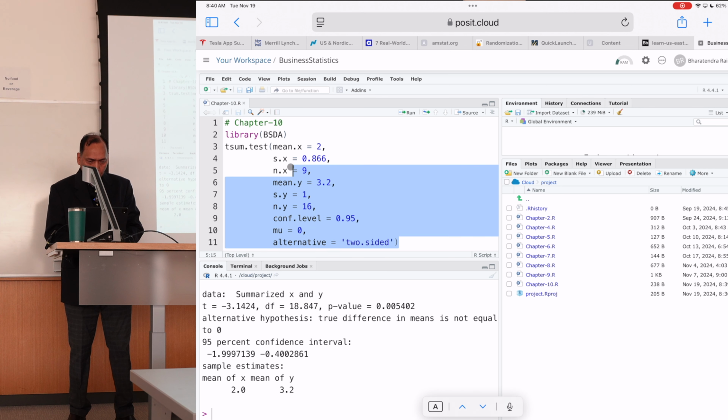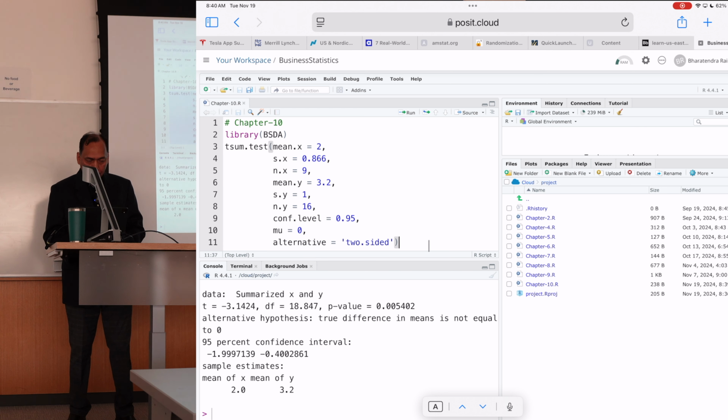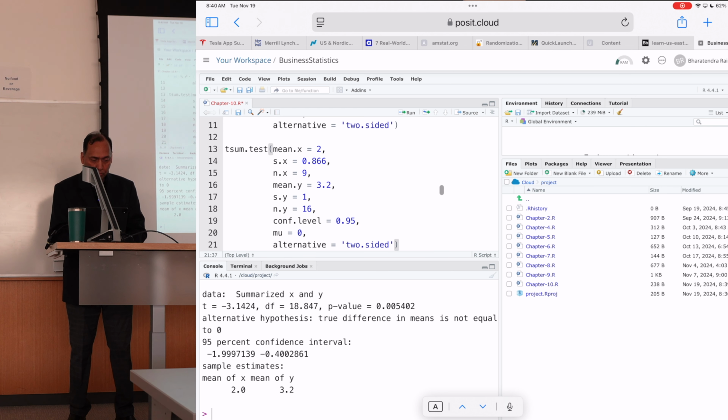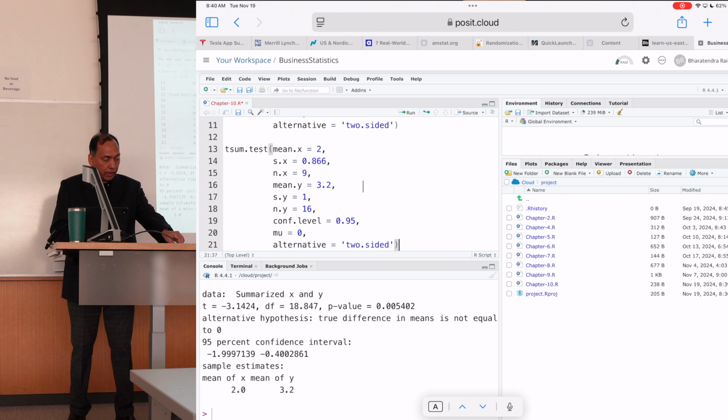But before we do that, I will also copy and paste this whole thing so that we don't have to type again, and enter what we had for test 2 and test 3.